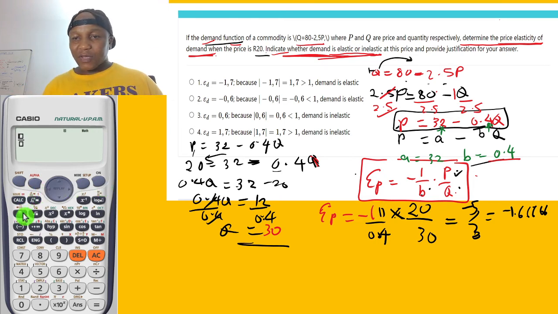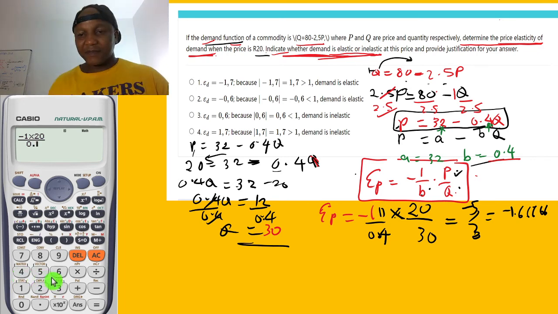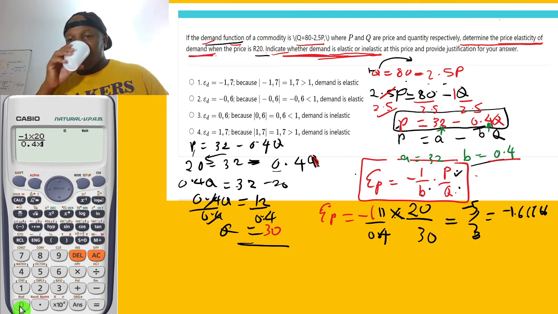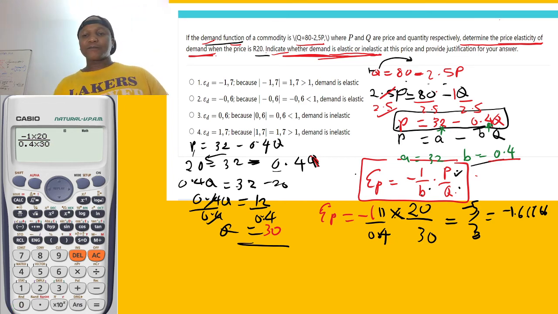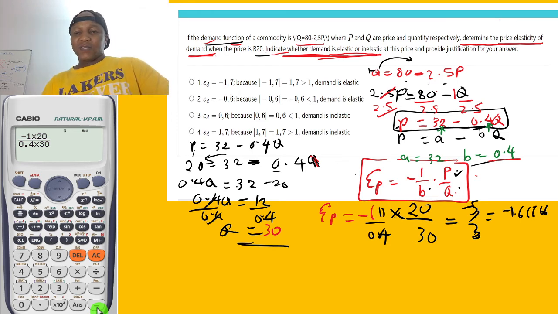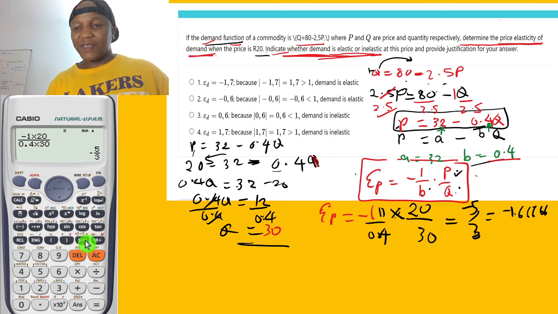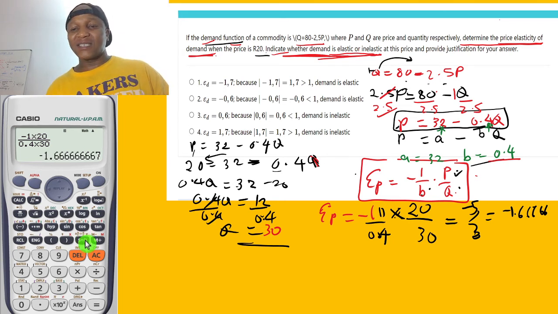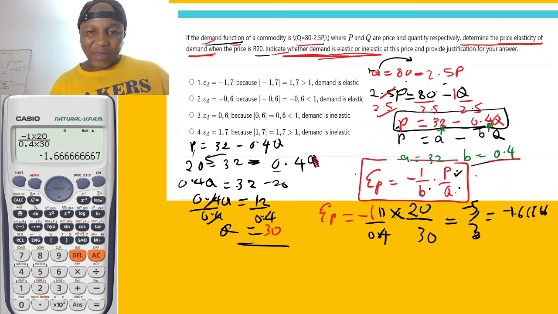On top we have negative 1 times 20, and at the bottom 0.4 times 30. This gives us negative 5 over 3, just like I said, or negative 1.66666666.